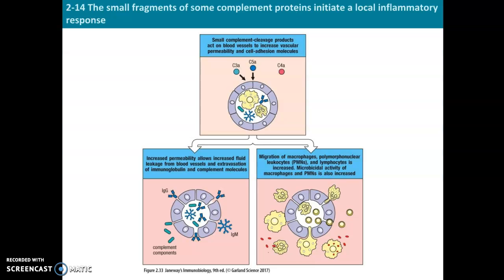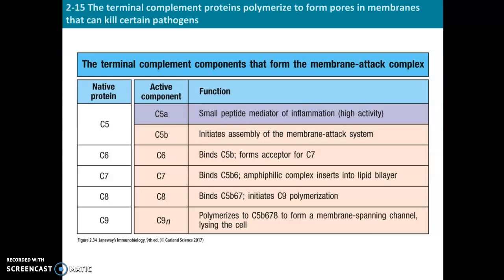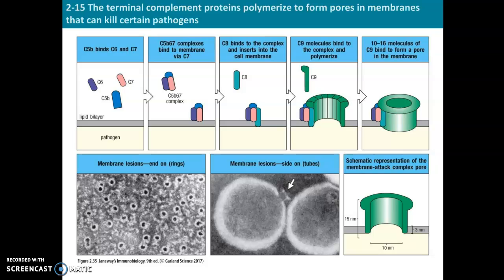Another important part of complement is the membrane attack complex, and that works by C5b then recruits C6, C7. They drift down to the membrane surface, and then they recruit C8, and C8 goes into the membrane and recruits C9.